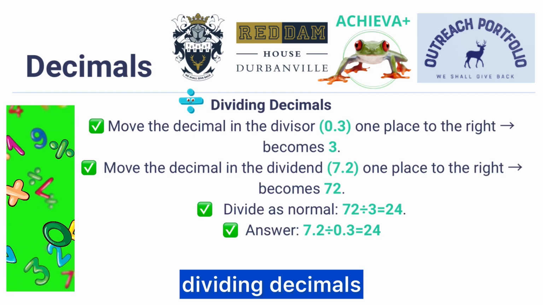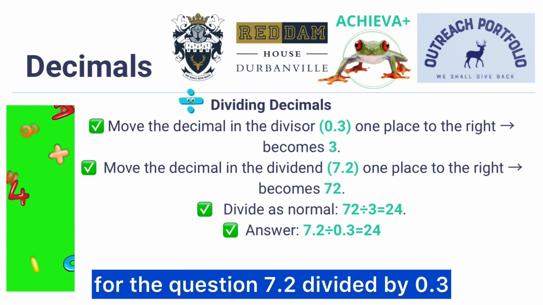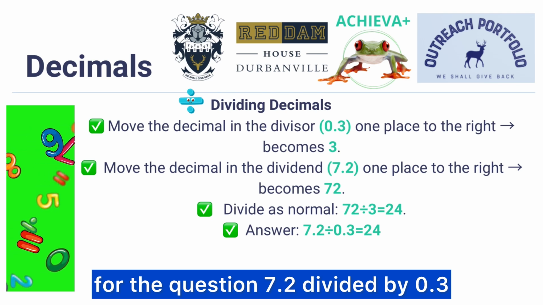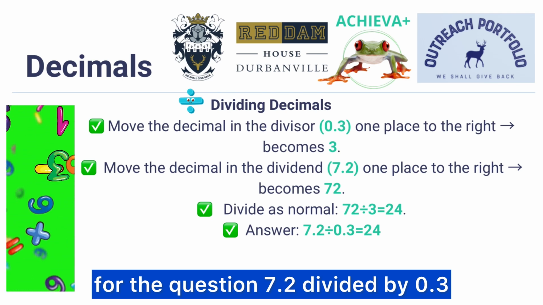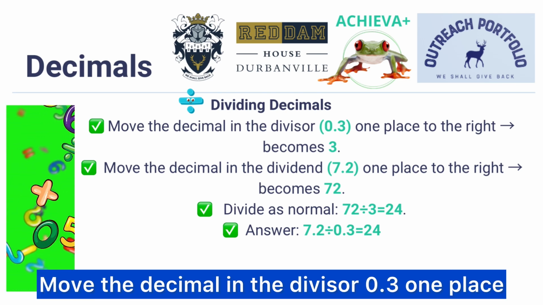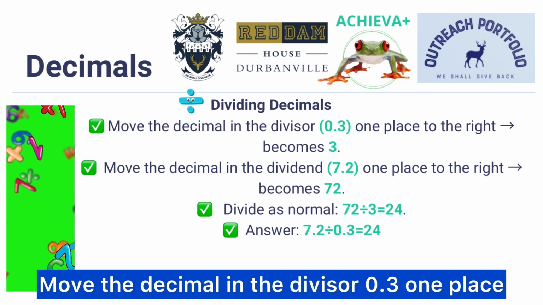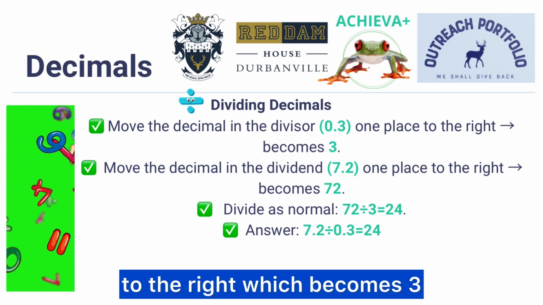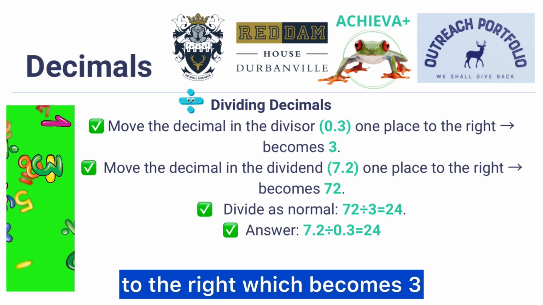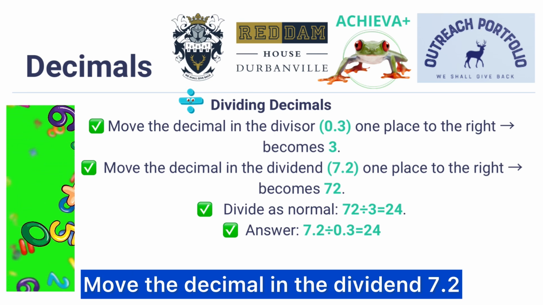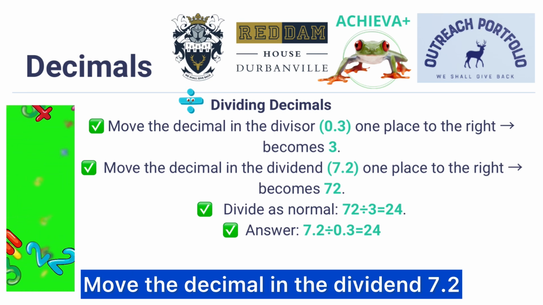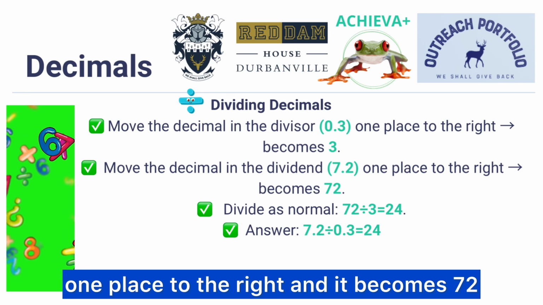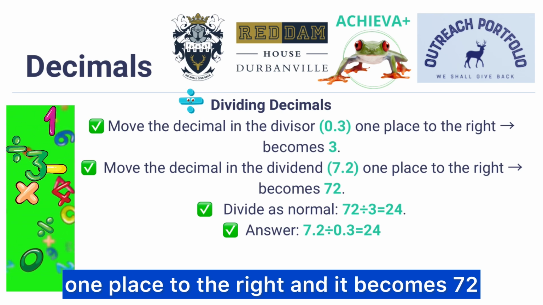Dividing decimals. For the question, 7.2 divided by 0.3. Move the decimal in the divisor, 0.3, 1 place to the right, which becomes 3. Move the decimal in the dividend, 7.2, 1 place to the right, and it becomes 72.